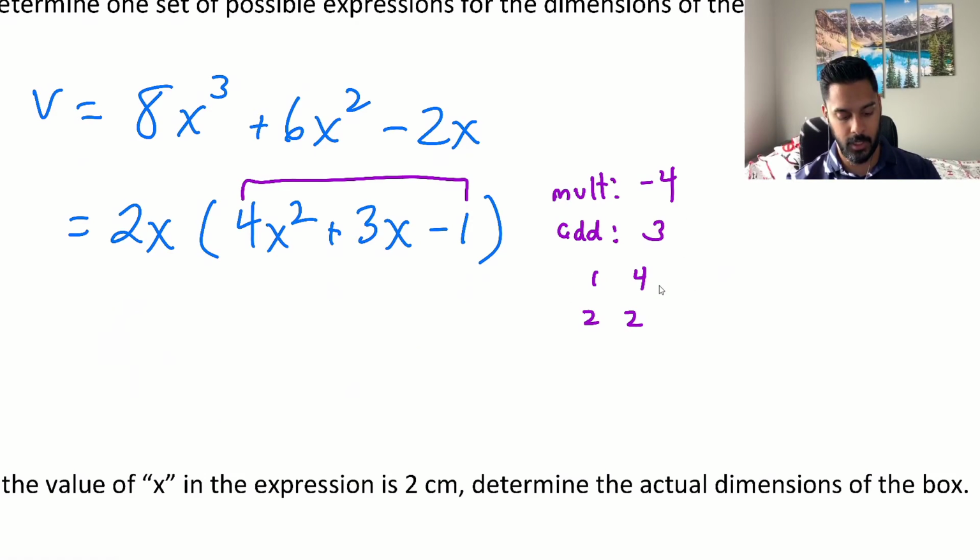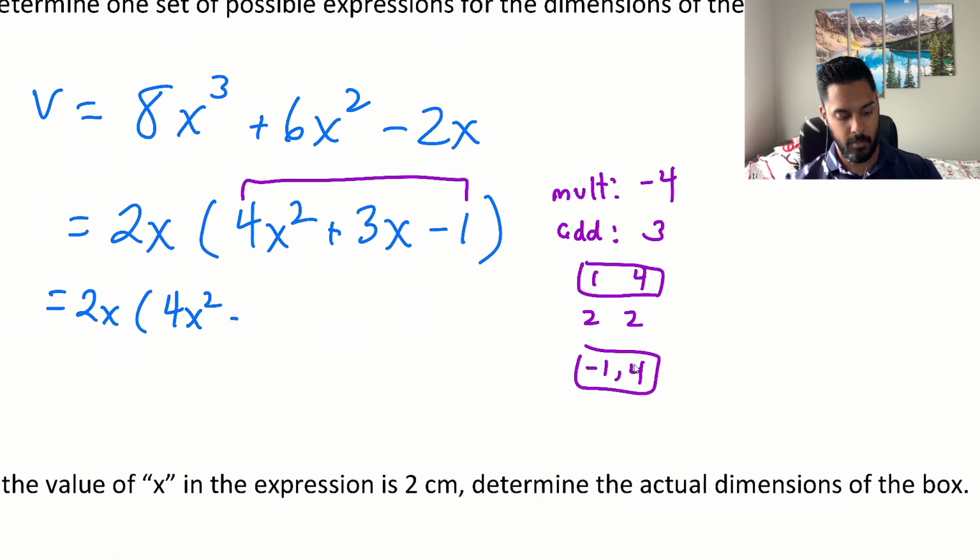Only one possibility that would ever add to 3. Now I need to make sure the signs work as well, so I need to multiply to a negative, add to a positive, so this should be a negative 1. So negative 1, positive 4 is what we're actually going to need. Okay, so now we can do our decomp. This becomes a 4x squared minus x plus 4x minus 1.